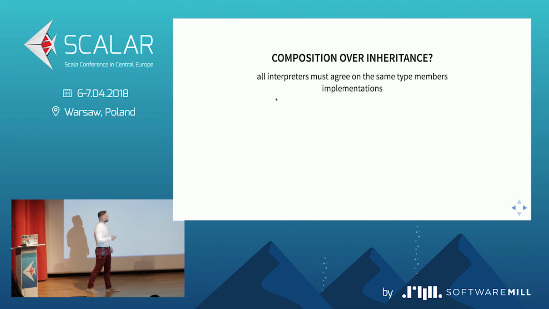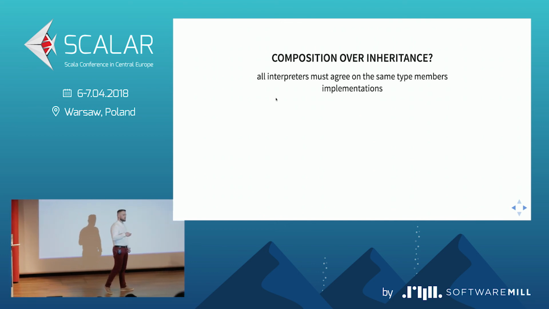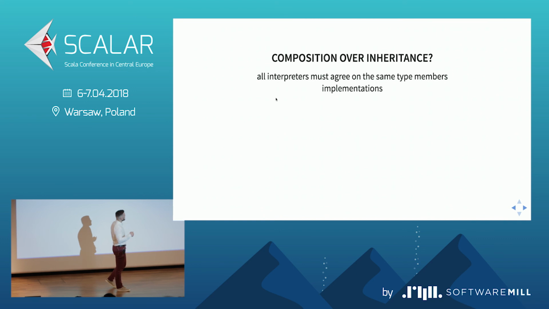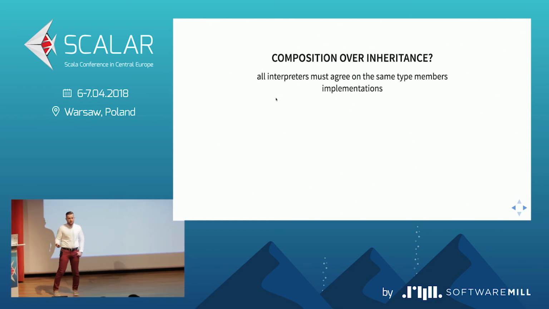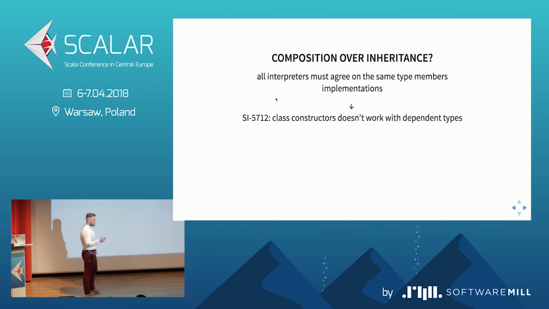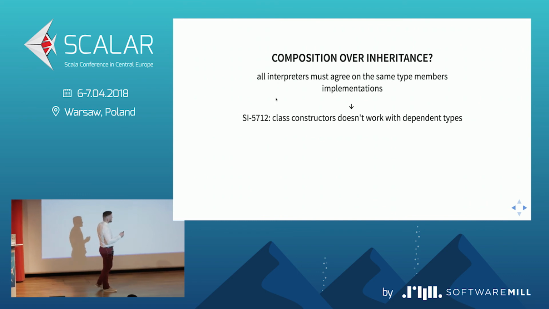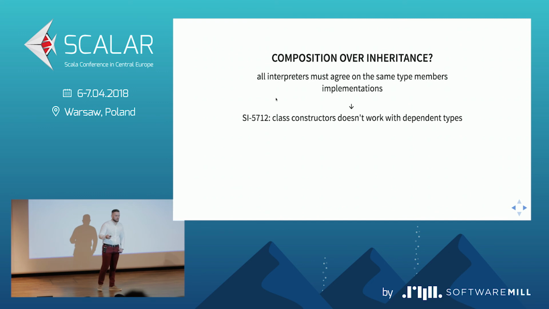And that's because all interpreters we want to use have to agree on the same type members implementation. Because in many cases, you use more than one interpreter for a given API. And because of some bug in Scala, the class constructors don't work with type members, which are also called dependent types.